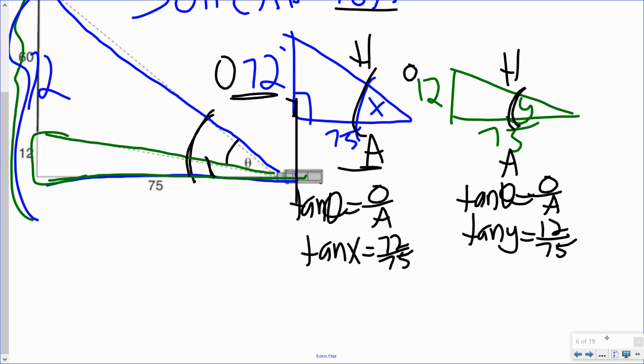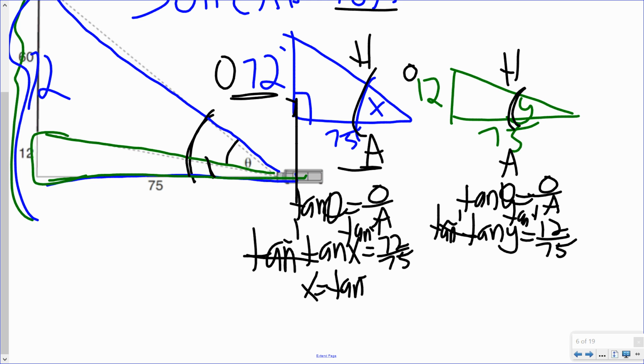Because you're finding the angle, you're doing inverse. X equals inverse tan of 72 over 75. Y equals inverse tan of 12 over 75.